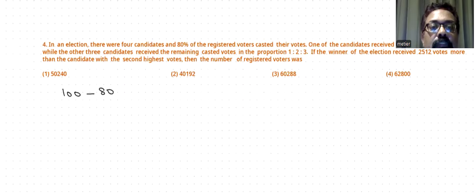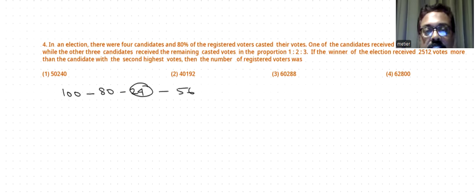So 30% of 80 will be 24. So one candidate got 24 votes. The remaining votes are 56. These 56 votes were divided in the ratio 1:2:3.